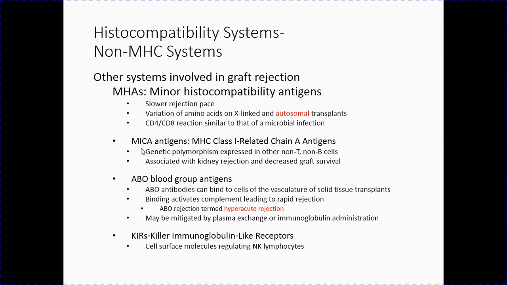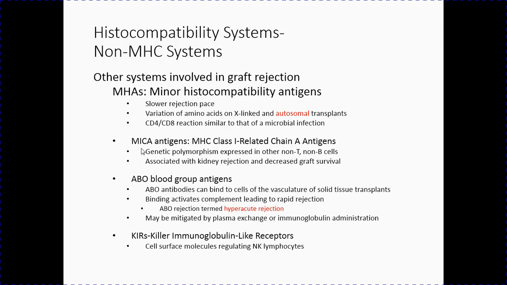So we could bind the B antibody of the donor so that it can't react with antigens in the recipient, and that could eliminate that process as well. So there's a couple of actions that can take place to help with this minor histocompatibility antigen process.